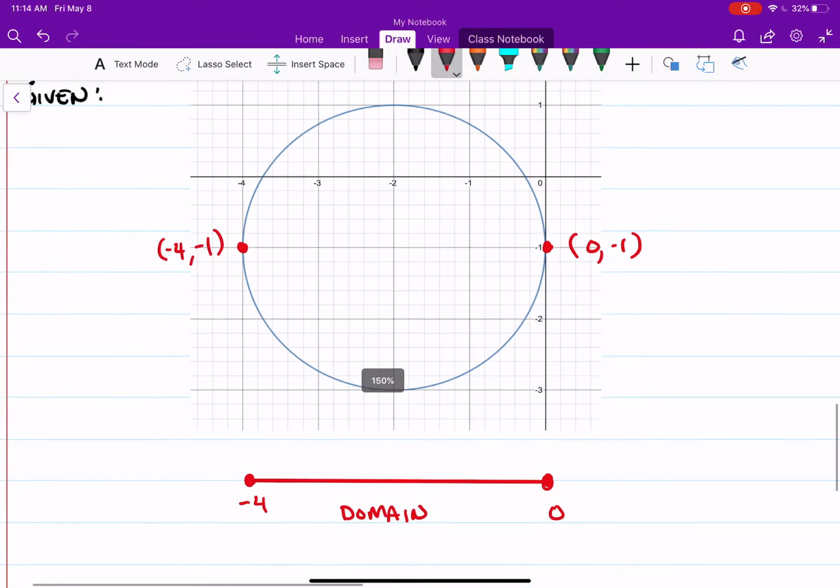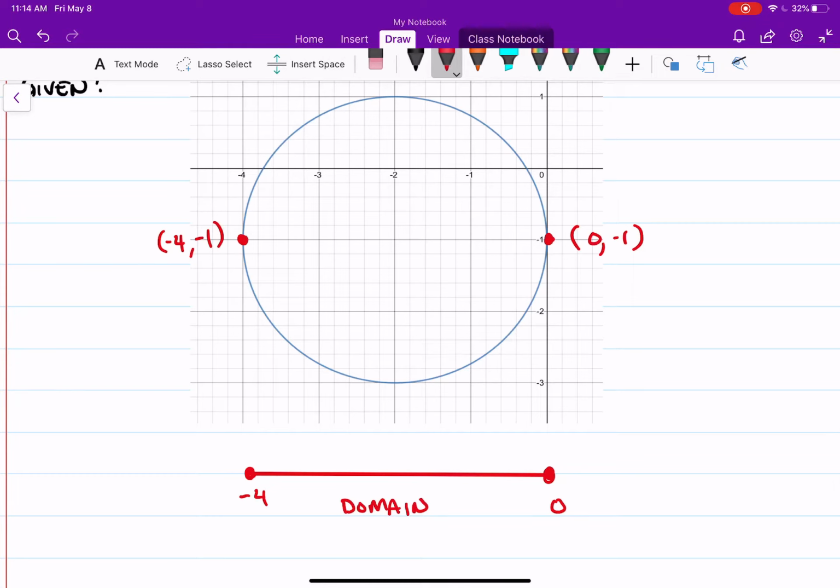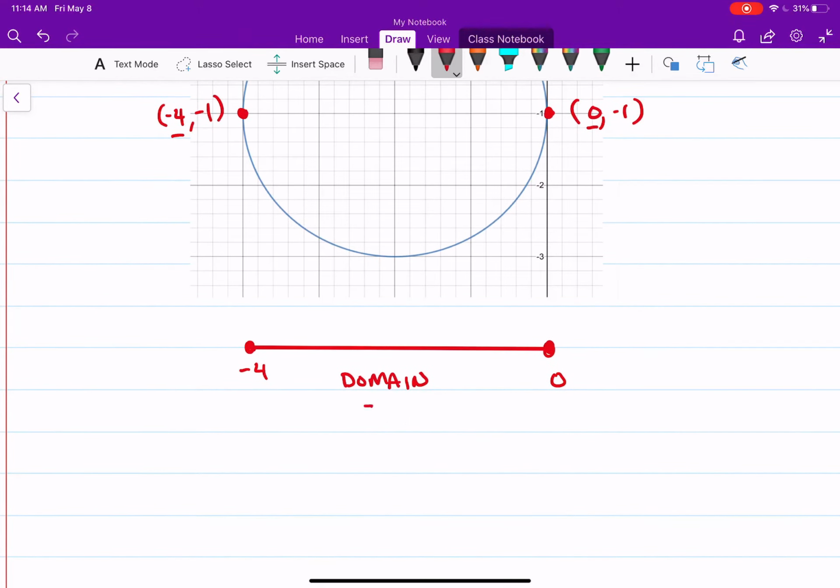All I want is the x value, because domain means the x values. That's the reason why I would pick that. When I write this out, it's going to be a square bracket since I'm touching -4, and I'm touching 0, so it gets a square bracket as well.